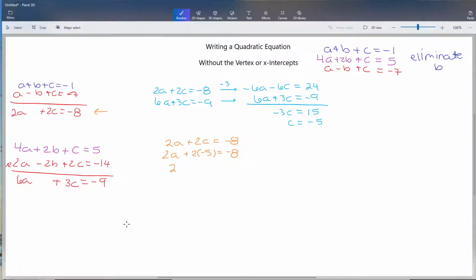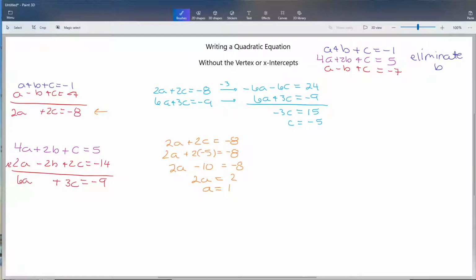Okay, so I have 2a minus 10 equals -8. So I can add 10 to both sides. -8 plus 10 is 2. Divide both sides by 2, and I get a equals 1.